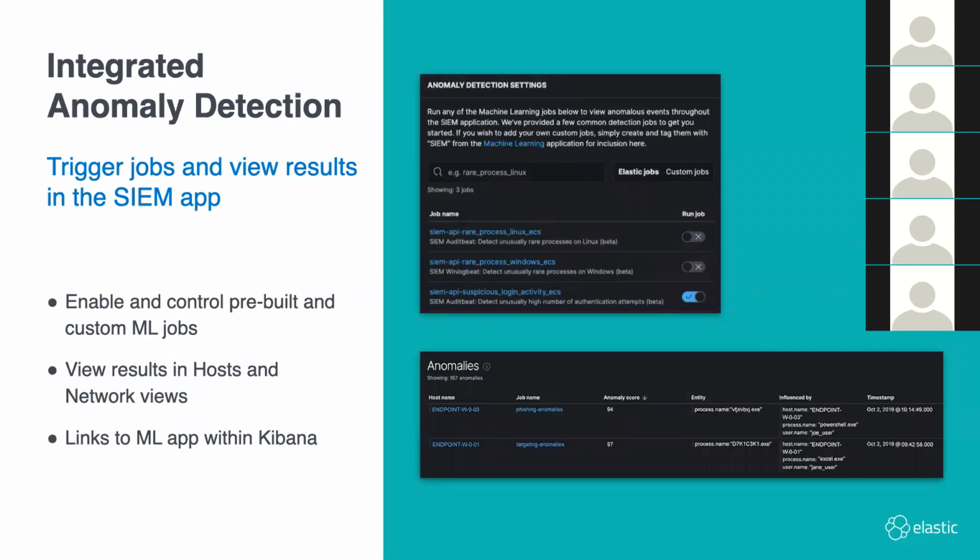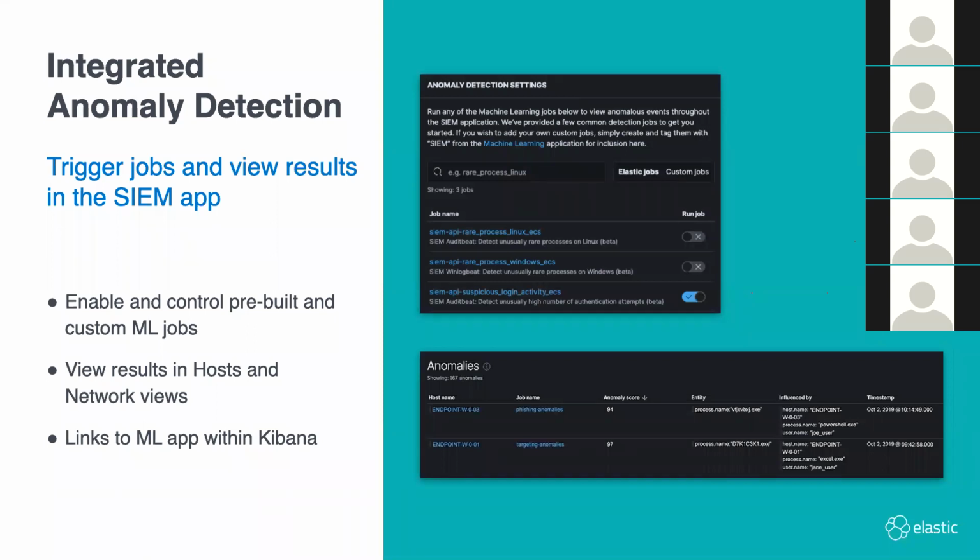Integrated anomaly detection. All SIEM workflows are built around a set of core capabilities, including event collection and the ability to search, correlate, and analyze security information and events. Today, the threat detection and incident response workflow dominates the SIEM use cases.